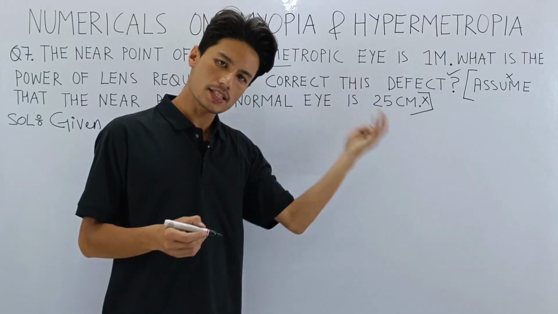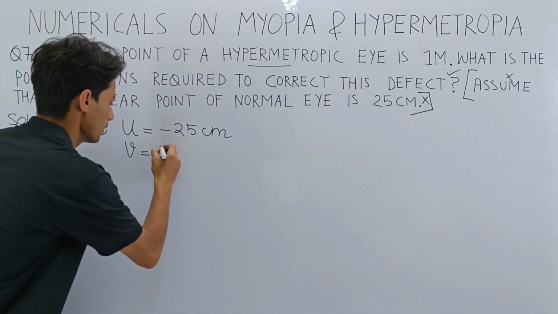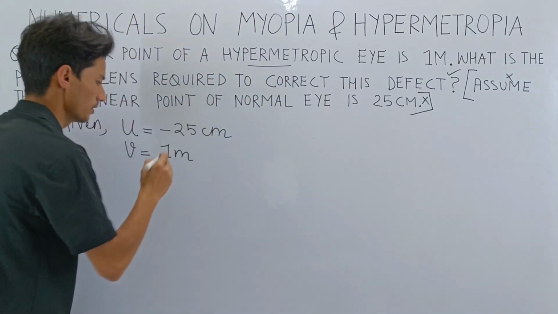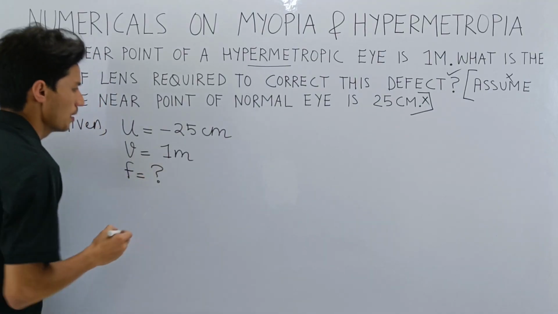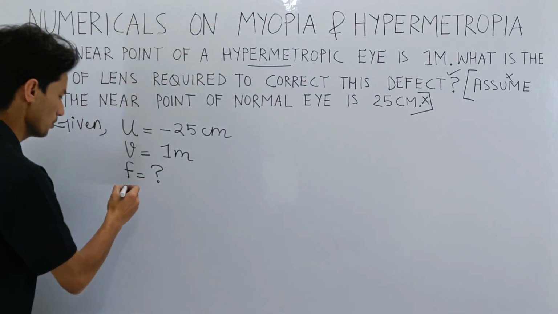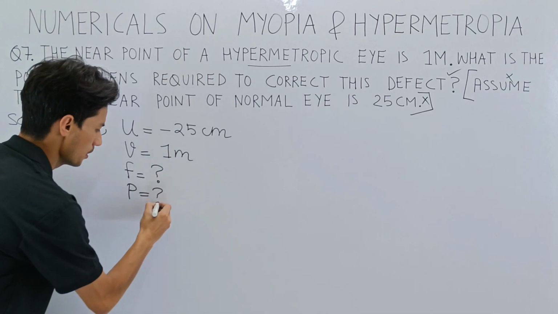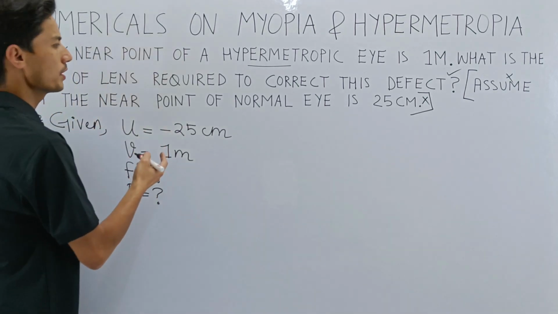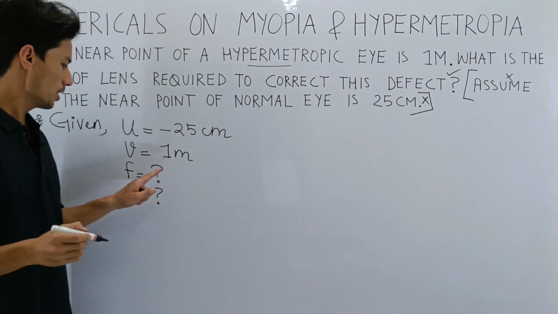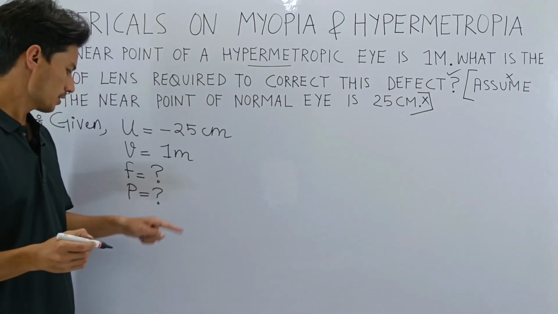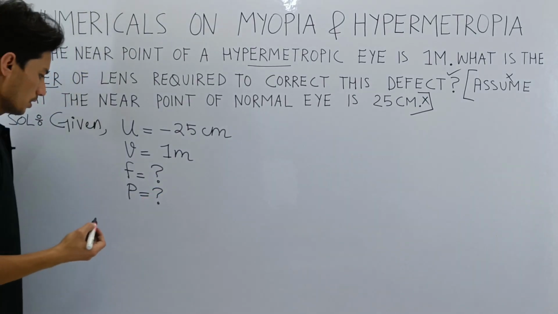This has to be v, so this is 1 meter. We need focal length because they want us to find power. We are supposed to find power, so P we have to find. To find power, we need focal length. So now let us proceed.